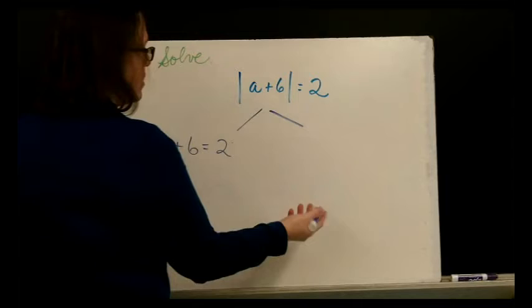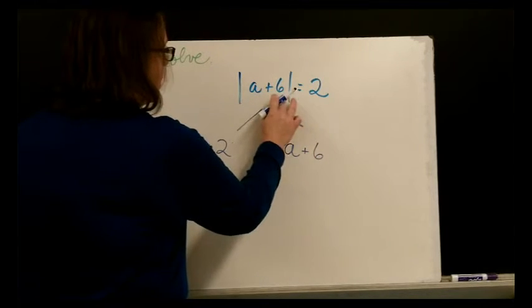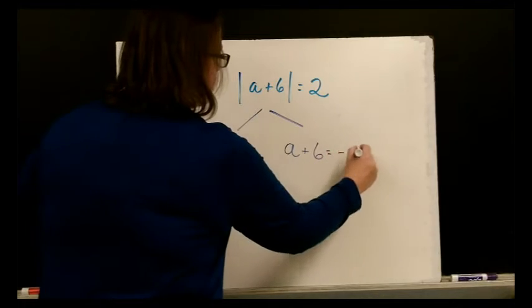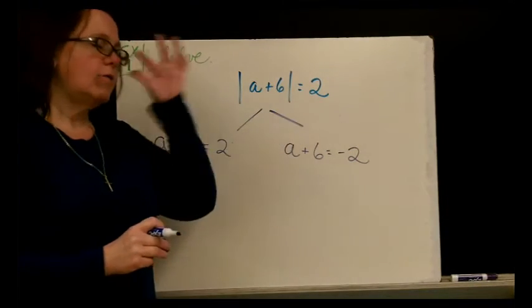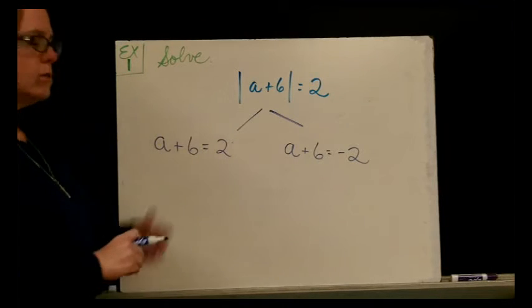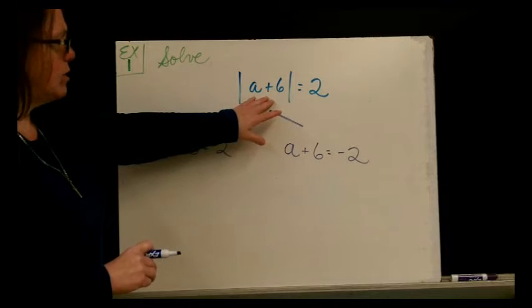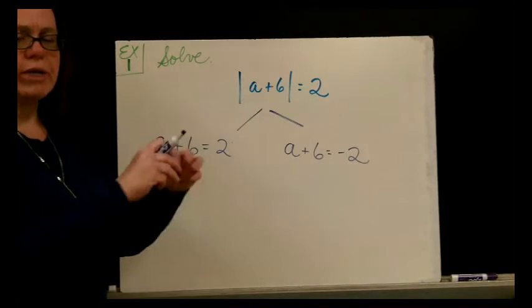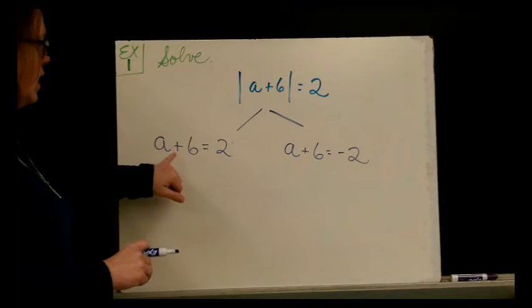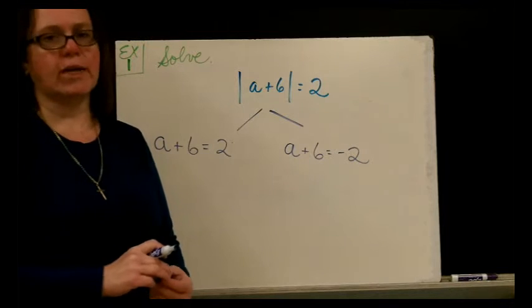But in our second equation, our first piece stays exactly the same, but we have to make our equation equal to the opposite of the answer that they give us. So for this problem, the absolute value of a plus 6 equals 2. In order to solve it, we break it into 2 separate equations. a plus 6 equals 2, and a plus 6 equals negative 2.